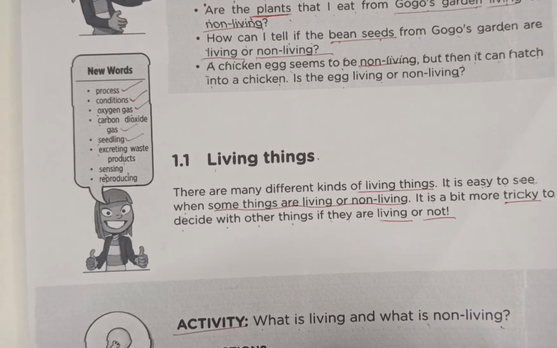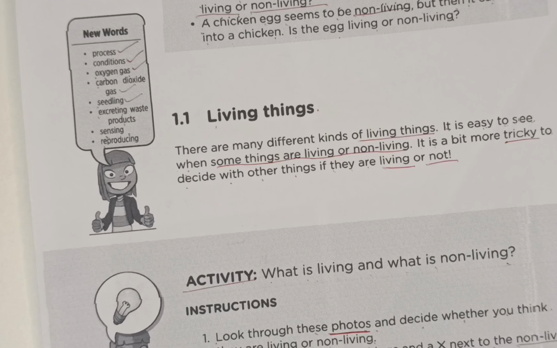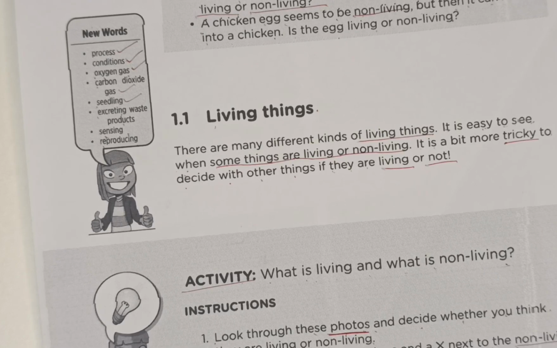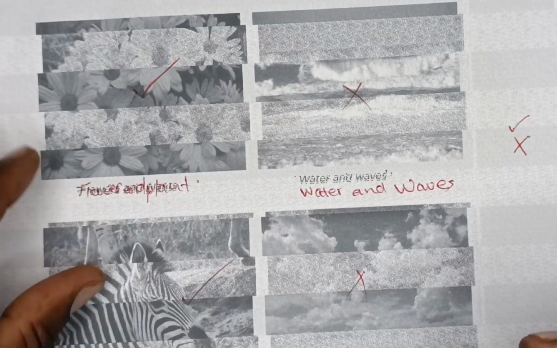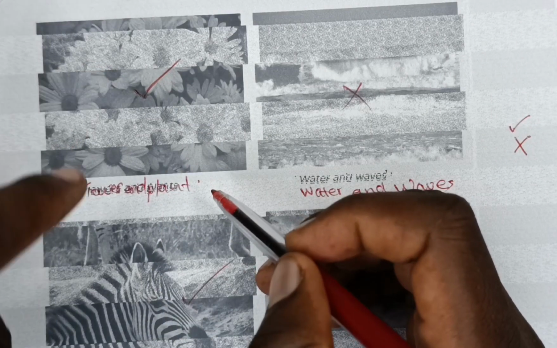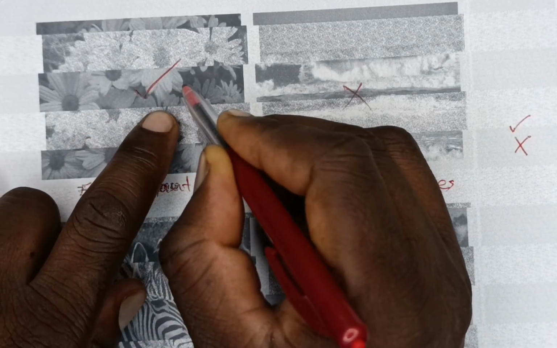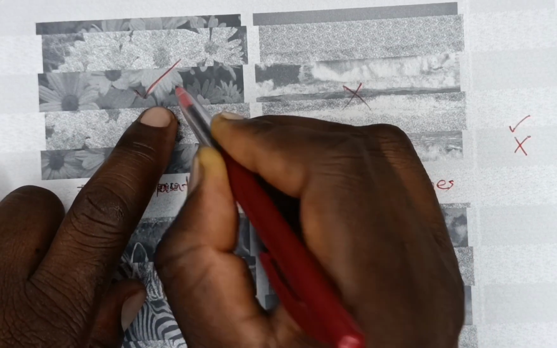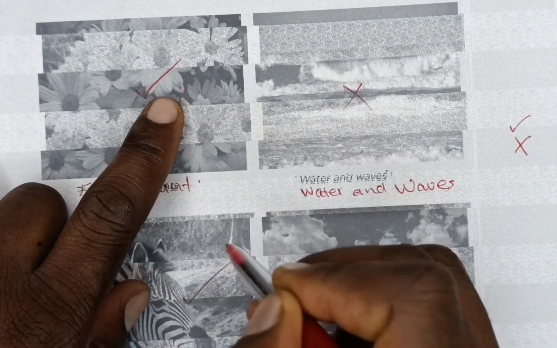So let's go back and discuss my answers, because according to the instructions, when you are done, discuss your choices with your class. I decided to say that the flowers are living because flowers eat, they grow, they move, they breathe, they sense.